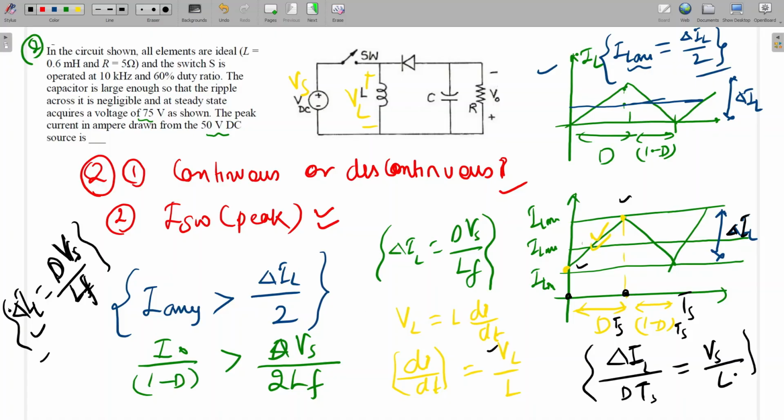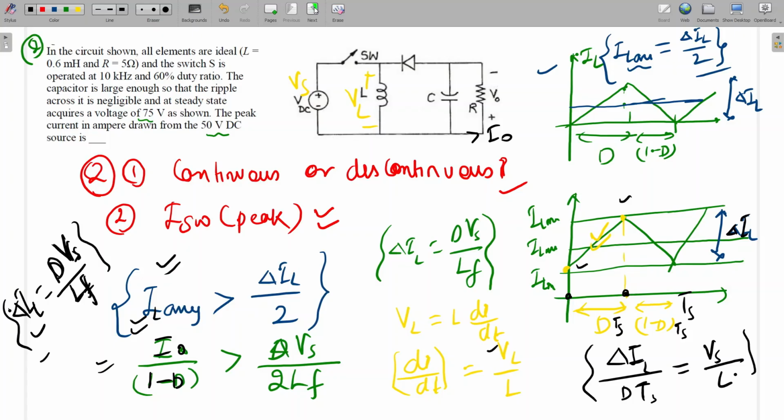So what is the continuous conduction condition? IL average should be greater than delta IL by 2. I have directly written here I naught divided by 1 minus D. If we apply ampere second balance, we will find the relation for the average inductor current: IL average is equal to I naught divided by 1 minus D. So IL average should be greater than delta IL by 2, which means that I naught divided by 1 minus D should be greater than dVs by 2LF.